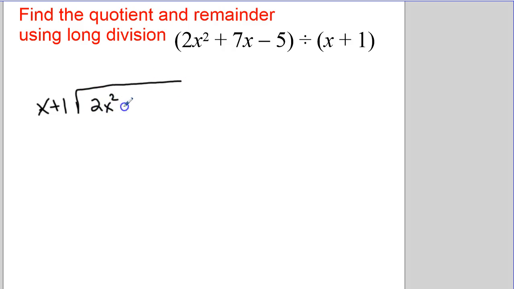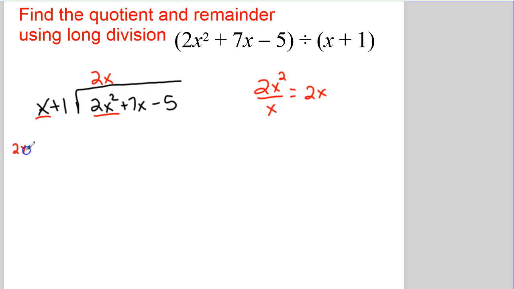So 2x squared plus 7x minus 5. It has no missing terms, so I'm good. So what I'm doing right now is I'm looking at x and 2x squared. And I'm saying, what's 2x squared divided by x? Well, that's 2x. So that's the number I put up here.